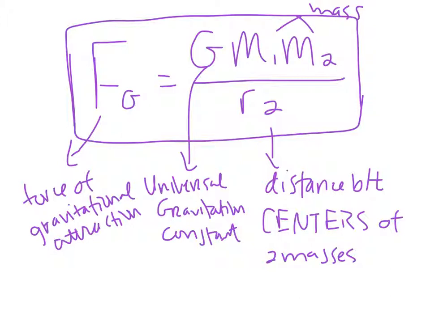That would make sense, because 10 times 10 is 100, units would be kilograms squared. If you only varied one of the masses, you would have seen that there was just a direct linear relationship between force and the mass. So force is directly proportional to the mass unless you have the same mass, in which case it's a square relationship. Force is inversely proportional to the square of the distance. So I think everyone got that same thing.